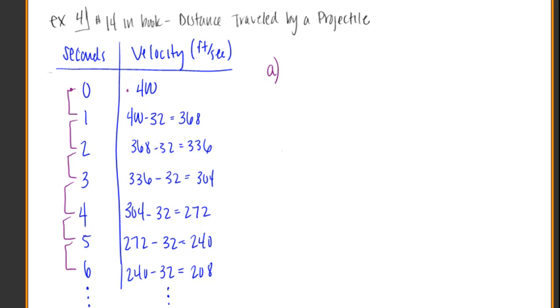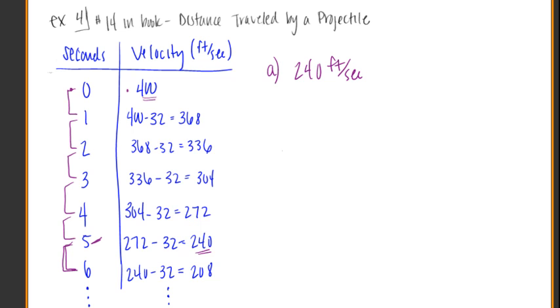So between 0 and 1, the upper limit would be 400, because obviously that's the larger value. Between 1 and 2, the upper limit would be 368. So after 5 seconds, we go to the first interval past this number, which is right here between 5 and 6. If we do the upper limit of it, it's going to be 240. So the velocity at that point is 240 feet per second.